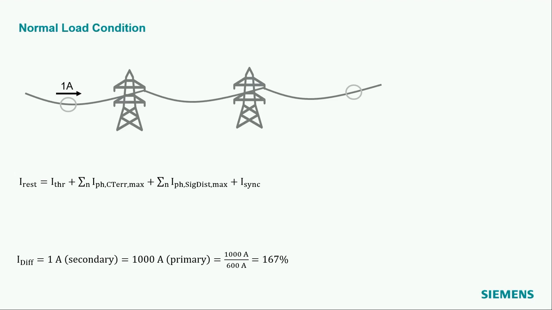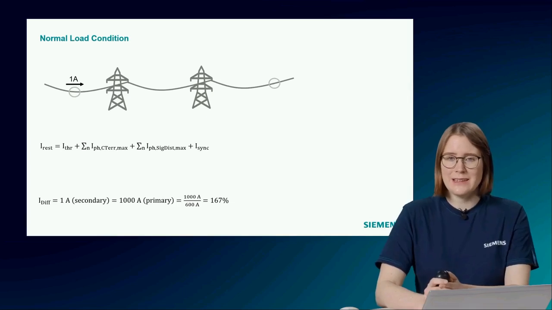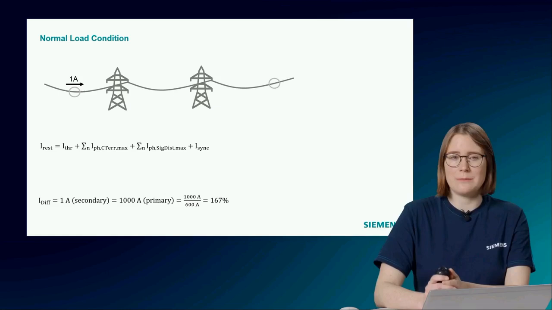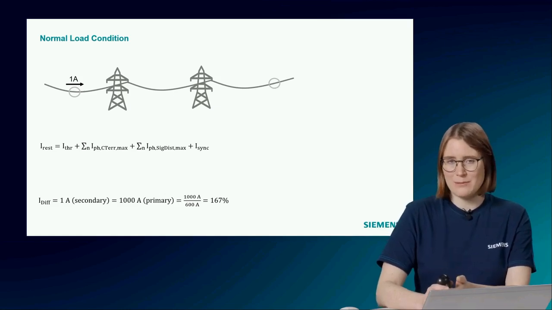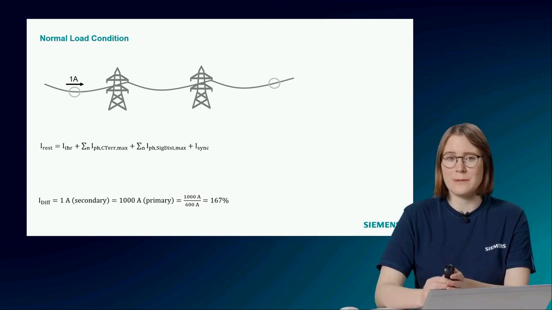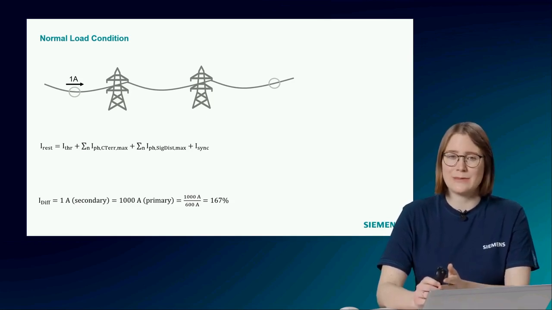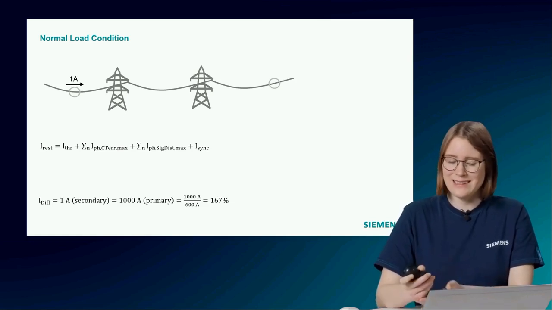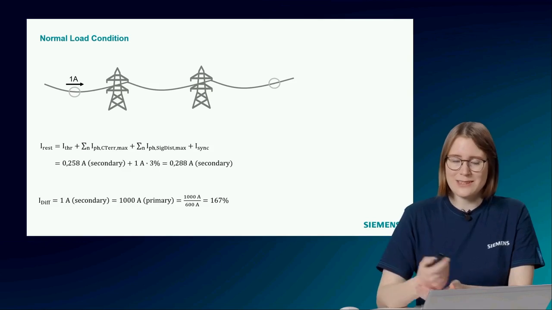So this is our 1 amp in this case, and 1 amp secondary means 1000 amp primary. 1000 amp primary in relation to our nominal current of 600 amp is 167%. So in this test, I will expect a differential current of 167%.